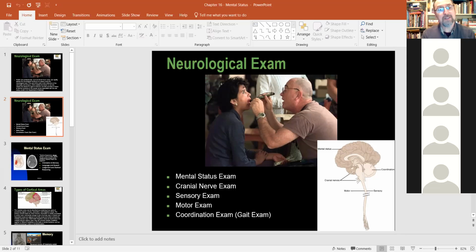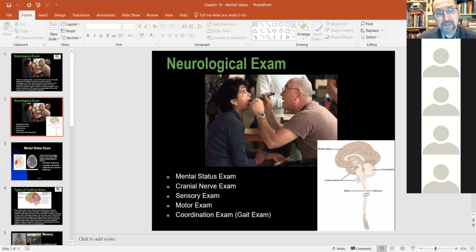So the neurological exam is something that a nurse or any healthcare practitioner, or even a therapist can do to make a quick assessment of a lot of parts of the nervous system. The mental status exam is a key portion of this. This is assessing functions of the cerebrum and some networks of the cerebrum, things like memory and orientation.